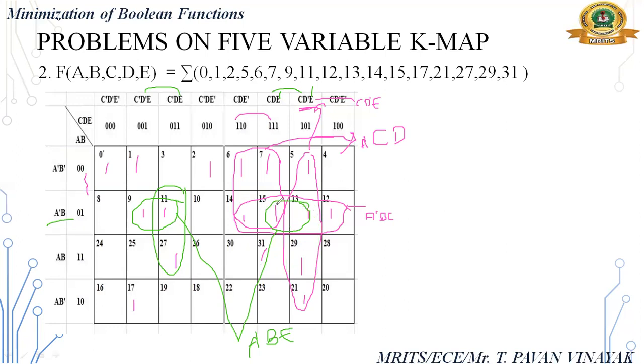But 15, 31, you can consider. See, 15, 31, 11, 27 as a quad. 15, 31, 11, 27. So what is common? This column and this column.